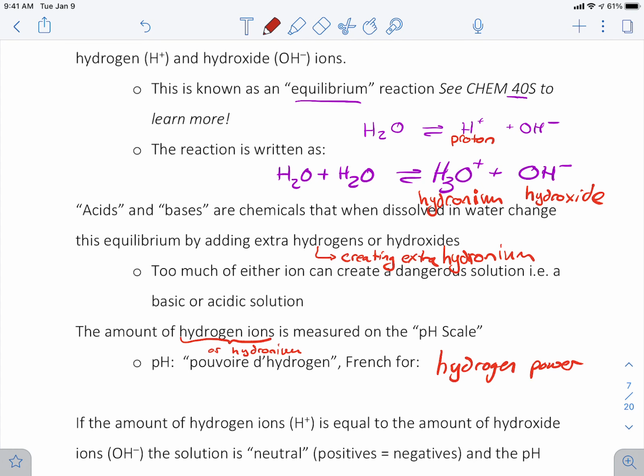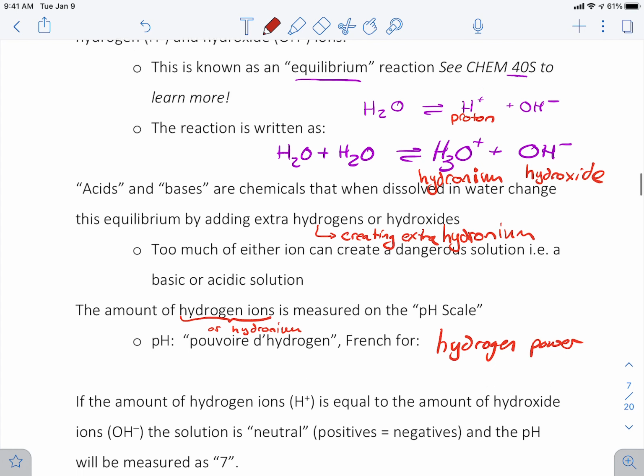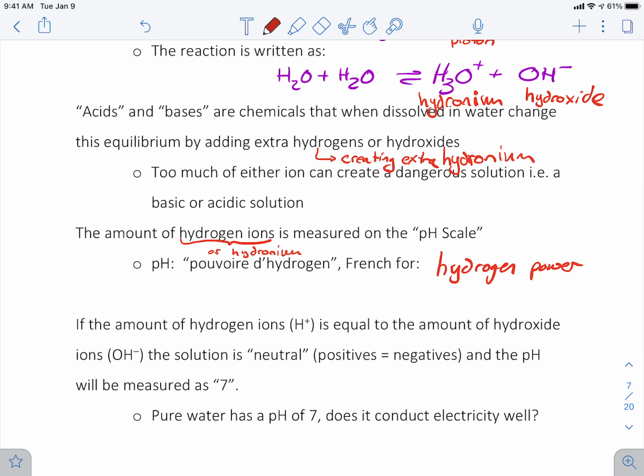I don't know if you're very familiar with this, but essentially this scale runs from 1 to 14, referring to 10 to the power of 1, 10 to the power of 2, 10 to the power of 3. It goes all the way to 10 to the power of 14, which we call pH 1 to 14.